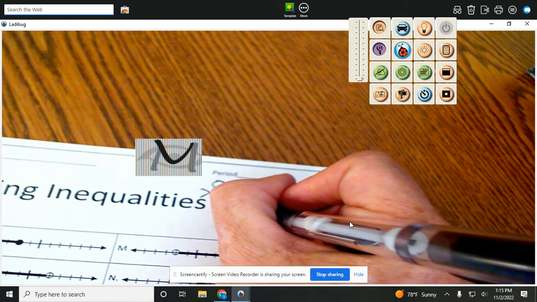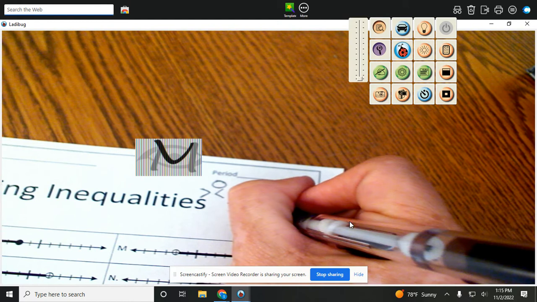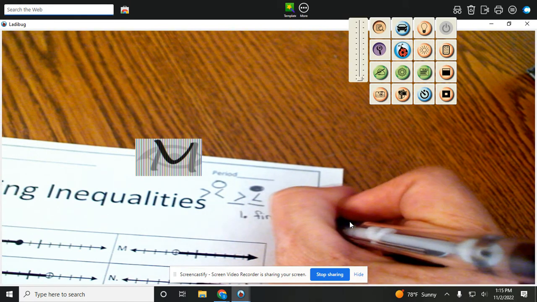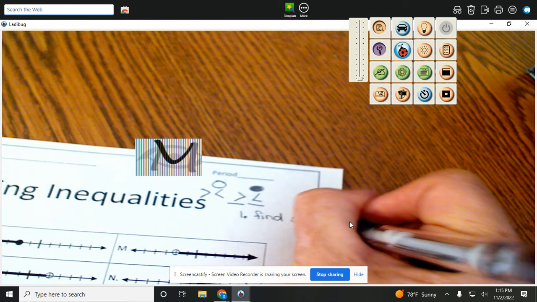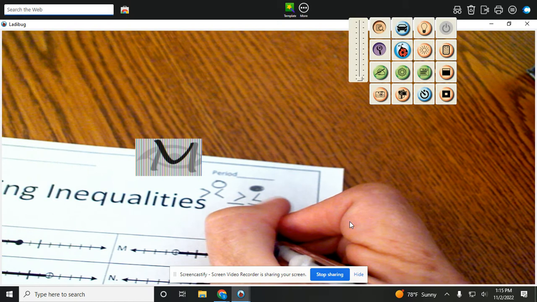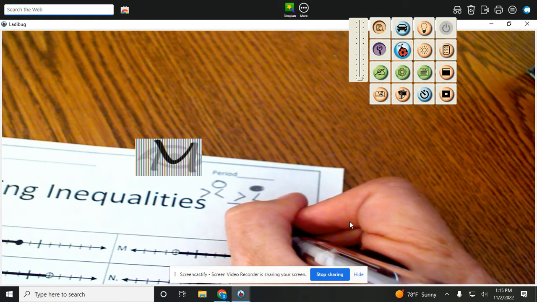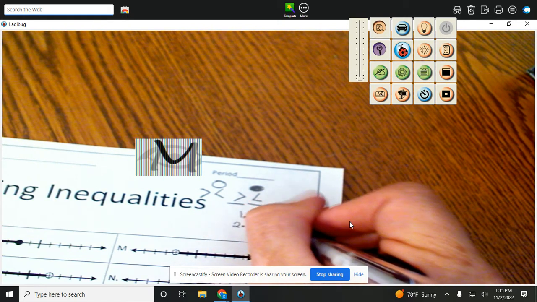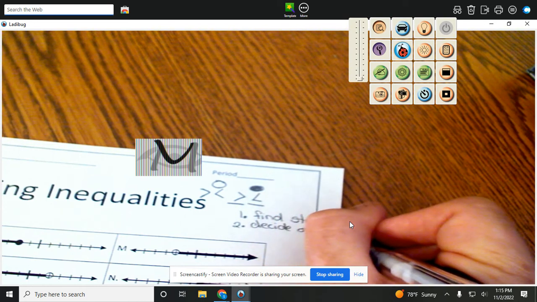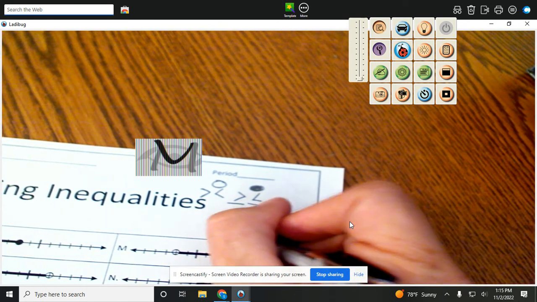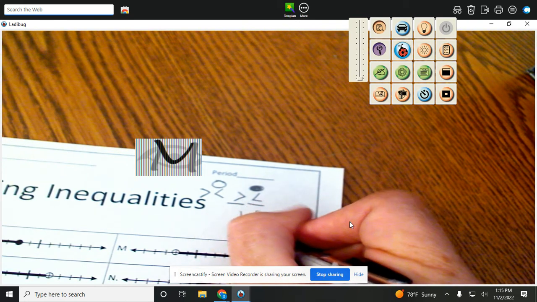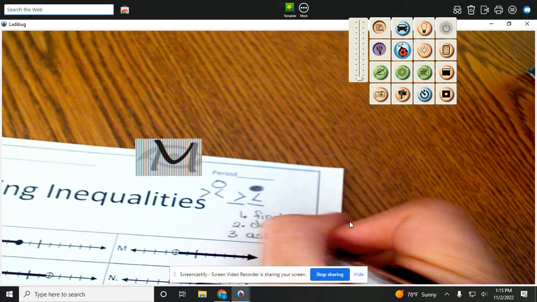First, find our starting number. Then decide on our circle. And then 3, ask yourself 2 questions.